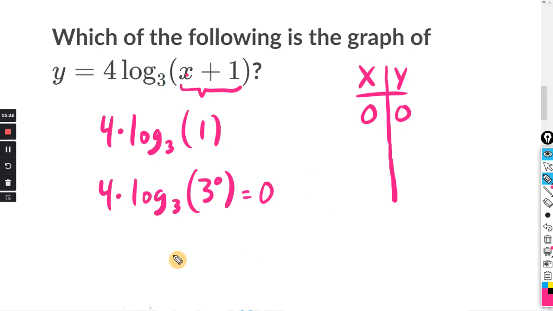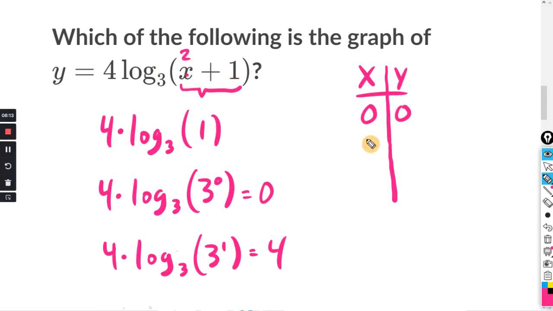And I also know that if we did 4 times log base 3 of 3 to the first power, log base 3 of 3 to the first would just be 1 times 4, and that's 4. 3 to the first is the same as 3. What value of x would make this 3? Well, that would just be x equals 2. So at x equals 2, y equals 4.